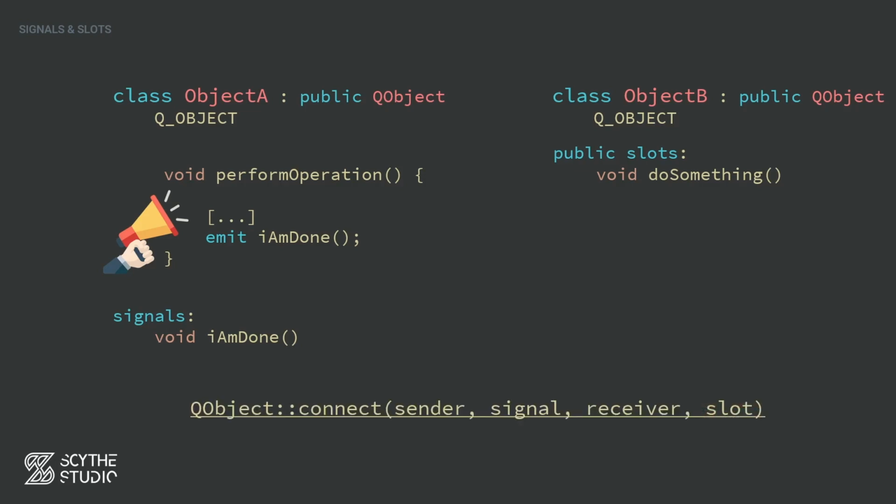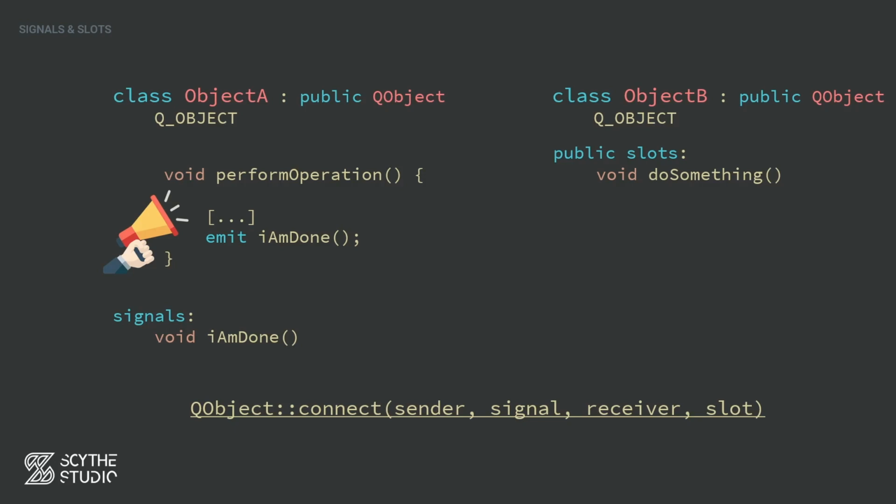And once you have this, you need to make a connection by calling the connect method. It is a static function that we can use thanks to the QObject superclass. Connect takes 5 arguments, but the last one is default, so let's keep it quiet for now, and let's focus on the first 4 arguments.